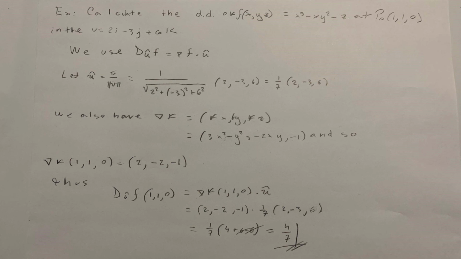And v equals 2i minus 3j plus ck, that will be our direction. So remember, use all the information I gave you, follow the steps, and step by step you should be able to get 4/7 as our ratio for the direction.